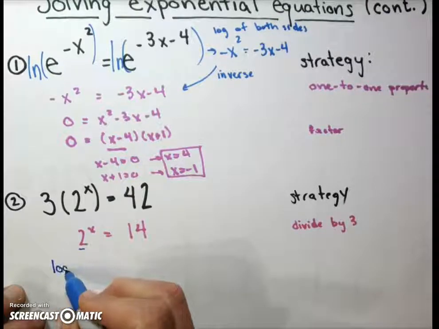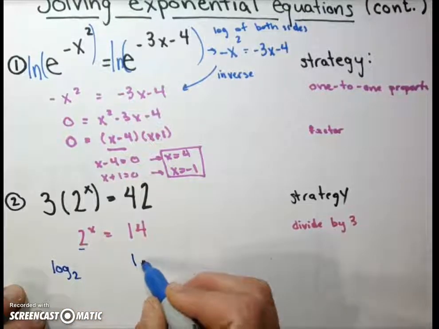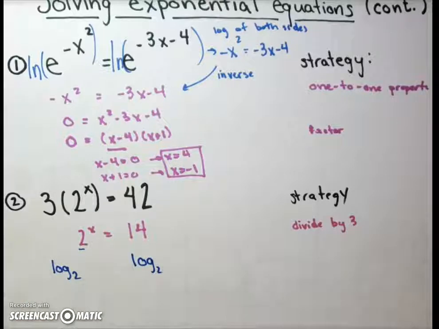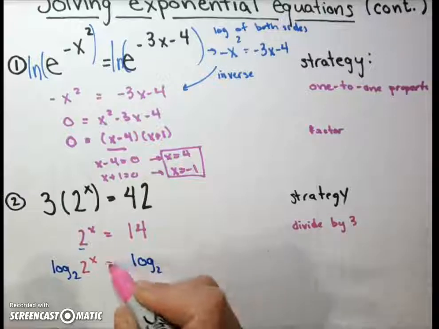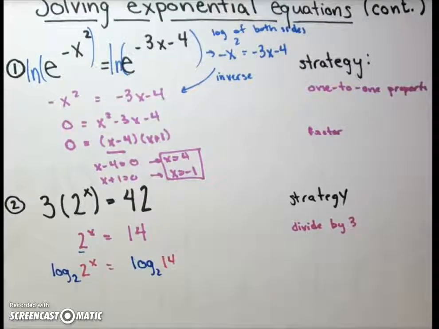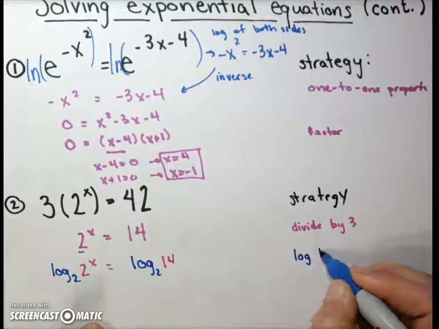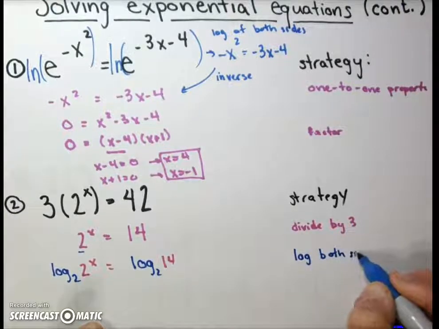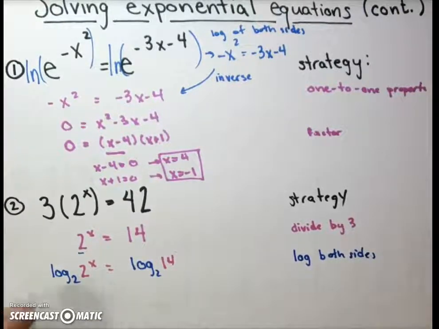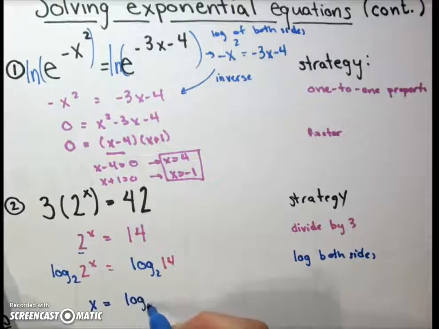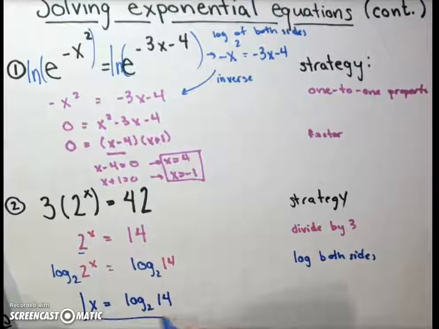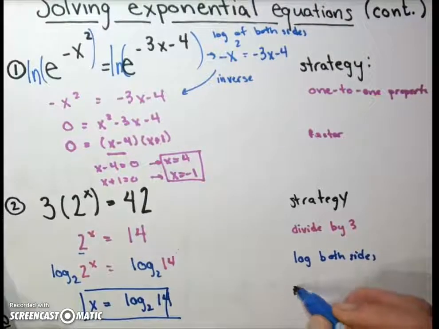So if I take log base 2 of both sides of this equation, then I have log base 2 of 2 to the x equals log base 2 of 14. So log both sides. And now if I have log base 2 of 2 to something, I'm left with just that something. So x will equal log base 2 of 14 by the inverse property.